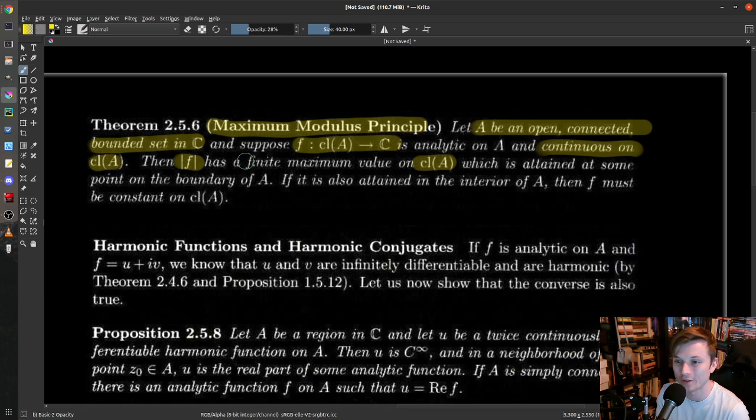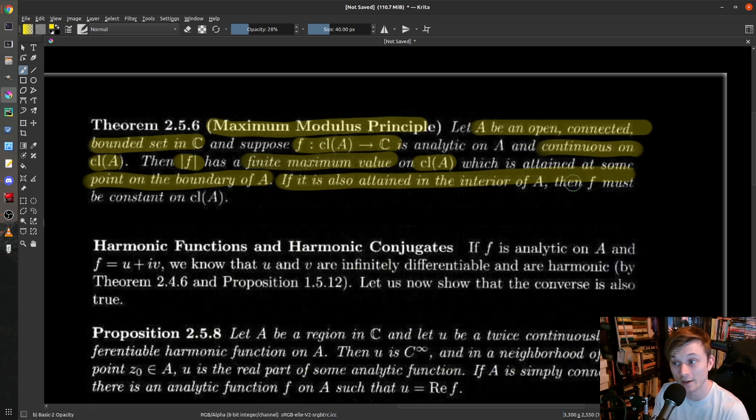So this is kind of cool. It says that the maximum modulus that an analytic function on a closed set can obtain is on the boundary of A, and it always attains its maximum on the boundary. There always is a maximum. If it's also attained in the interior of A, then it's constant on the closure.